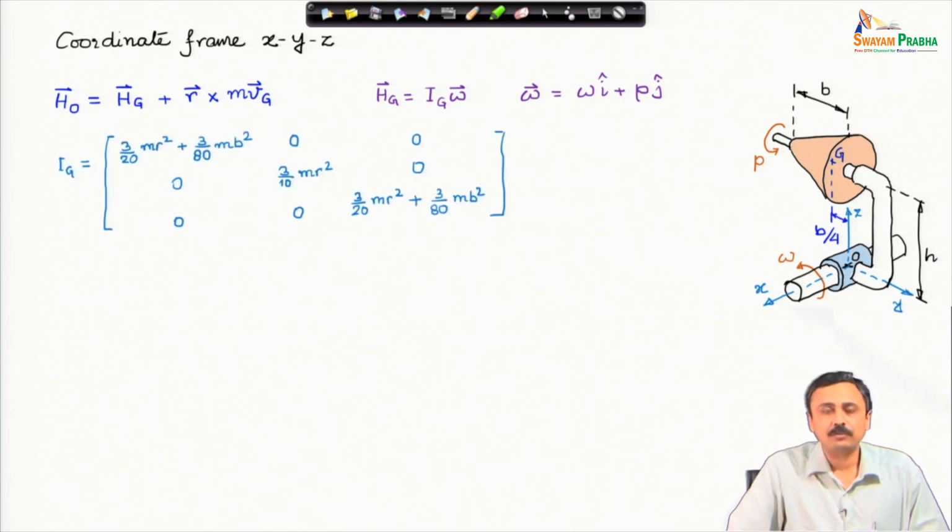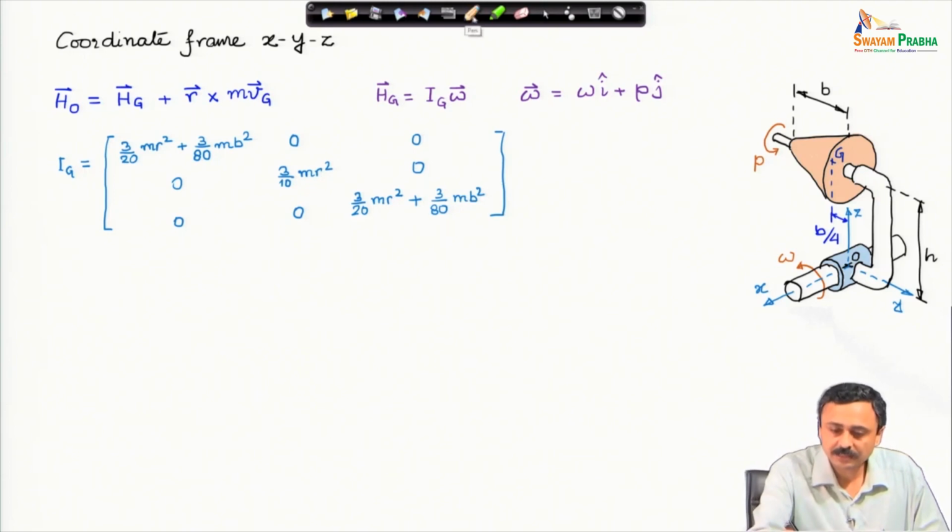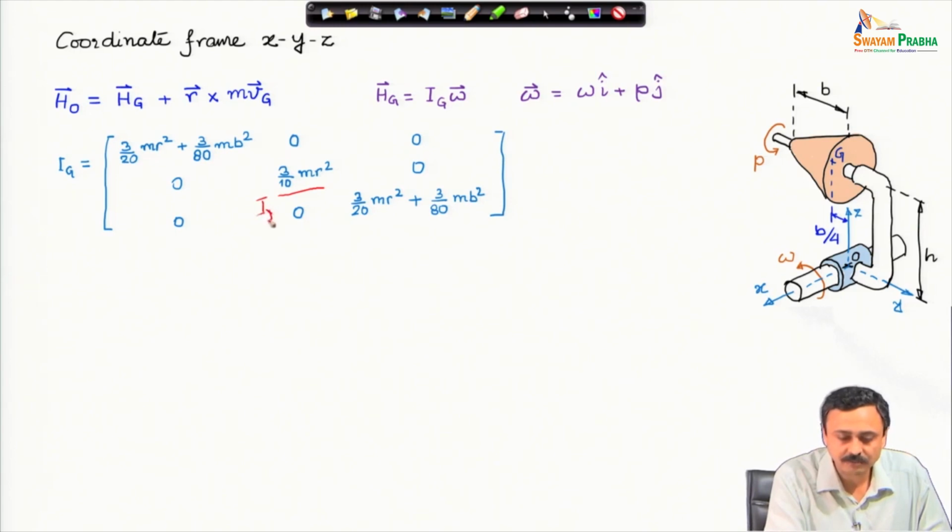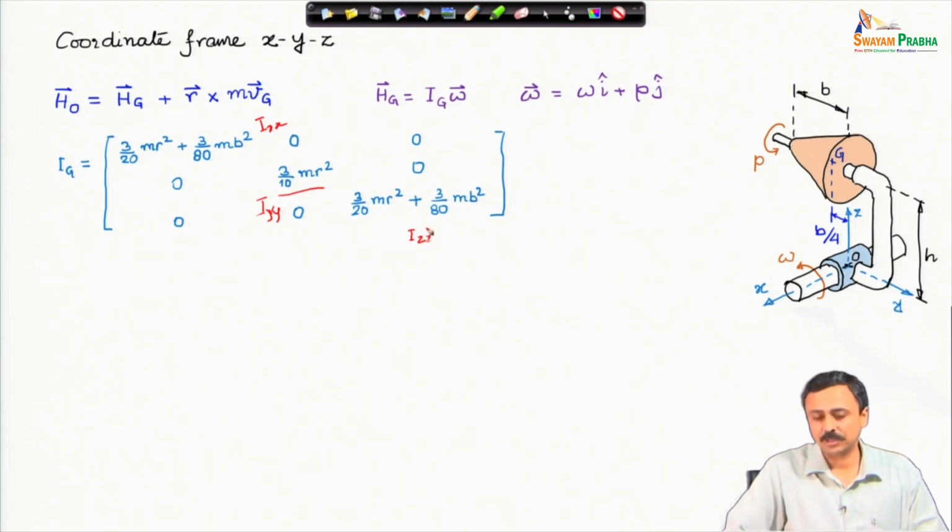The moment of inertia of a right circular cone about its center of mass is represented by this tensor. Because this x y z happens to be the principal axis for the cone, we have a diagonal Ig matrix. You will notice that this is I yy, which is the axis of symmetry, and I xx and I zz are the same, because this is a symmetric object.